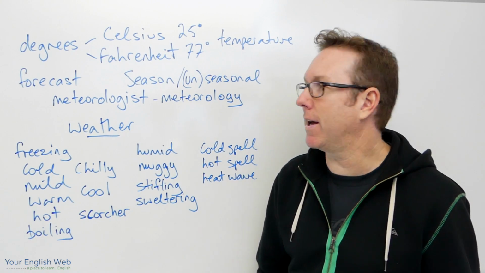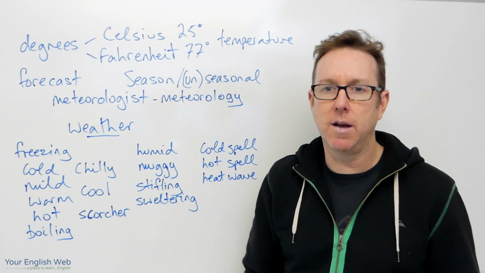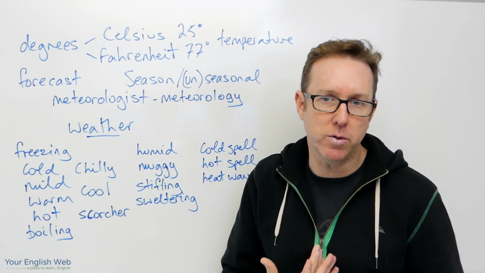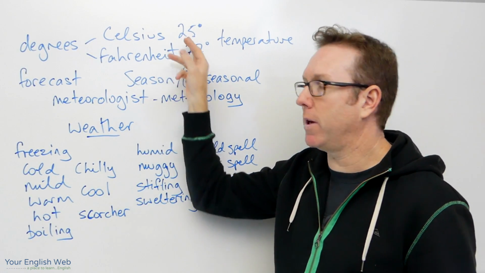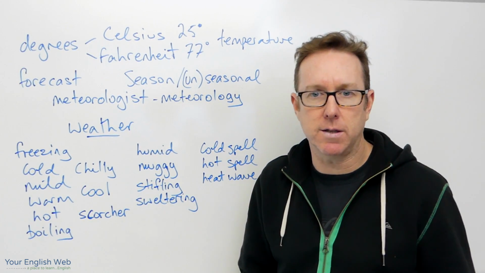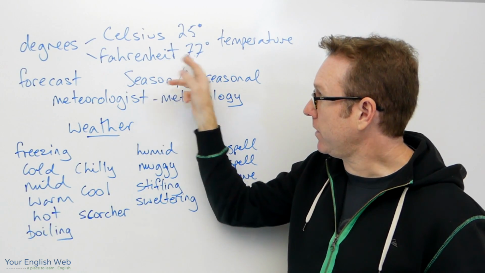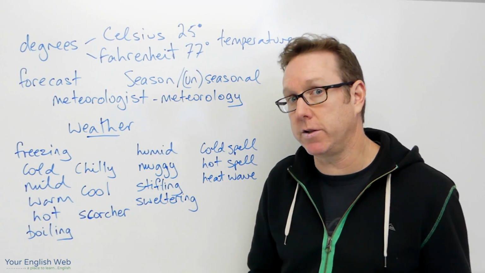Perhaps there's a couple of other countries, but the majority of places in the world use Celsius. For example, in Australia, we use Celsius. So we have 25 degrees Celsius, 30 degrees Celsius, 15 degrees Celsius, okay? We don't have to worry about Fahrenheit, but of course in the States you do.